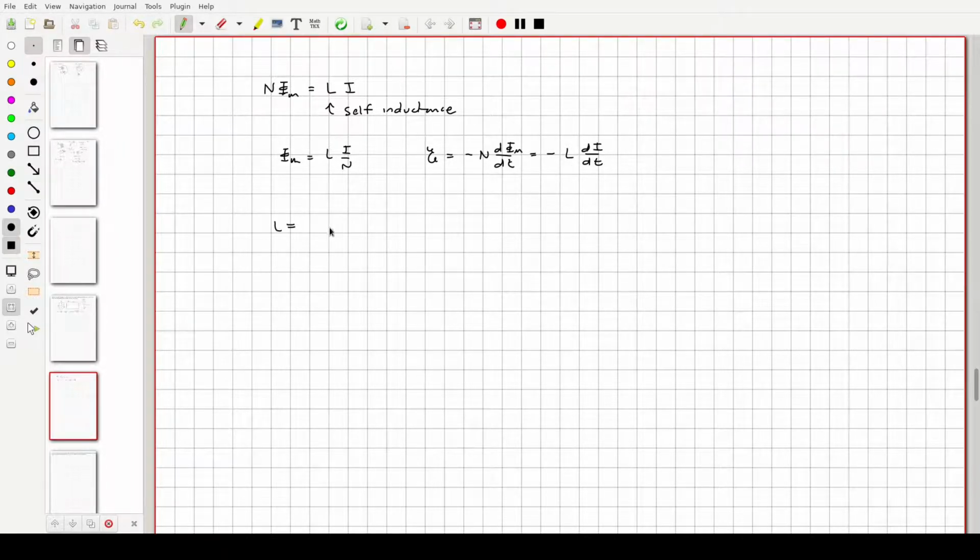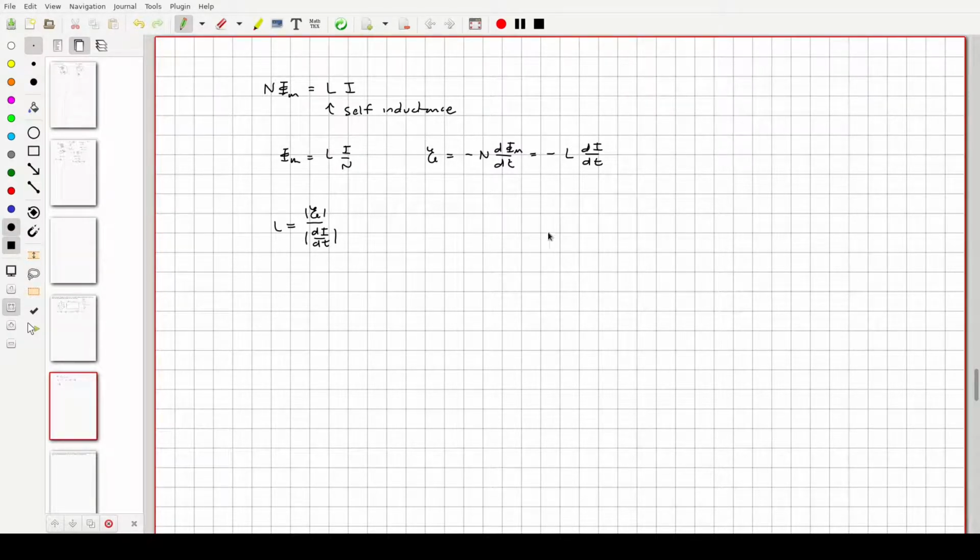But if you solve for L, generally you write it this way, over di dt. So you just use absolute values to make sure that you end up with a positive number here for your self-inductance.